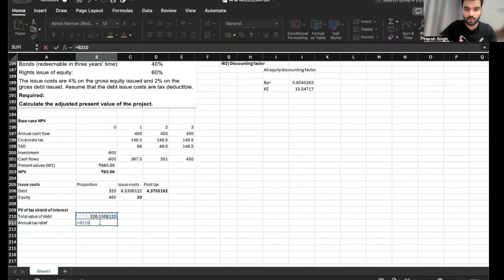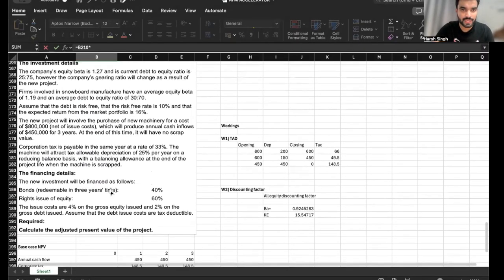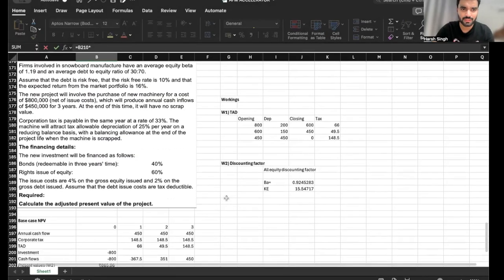It will be this amount multiplied by the finance cost. Do we have it given? 10% we can take, the risk-free rate, easy for us.